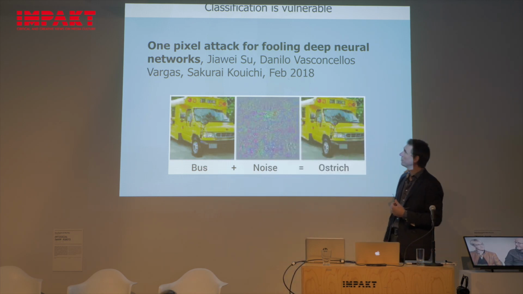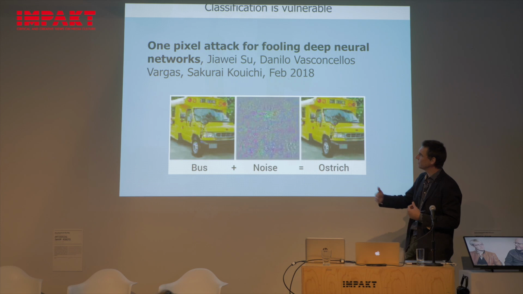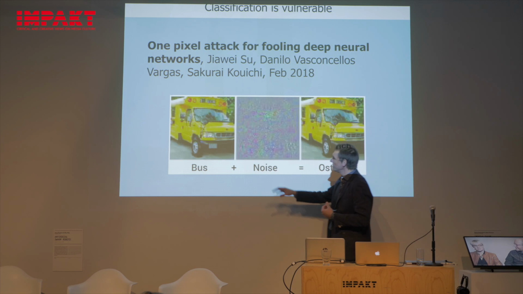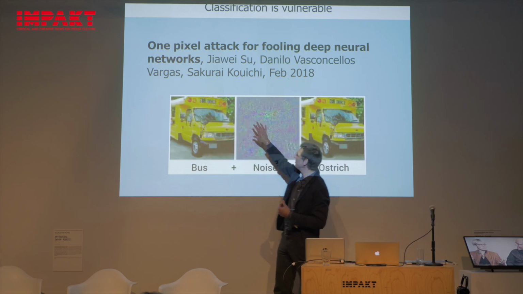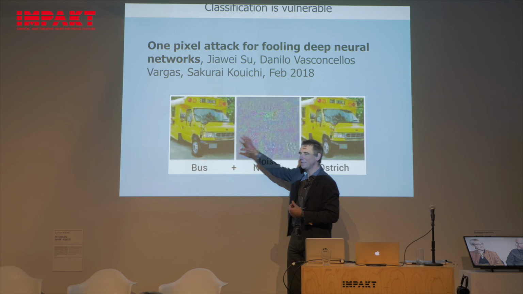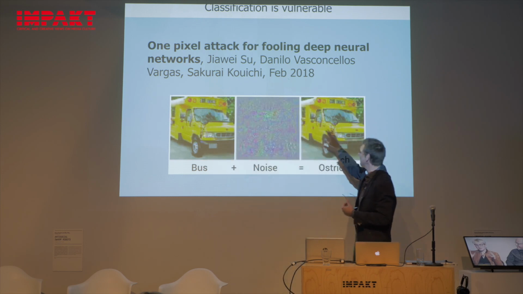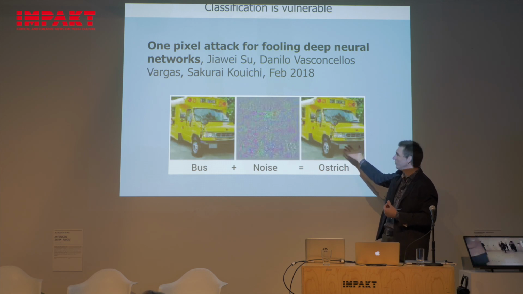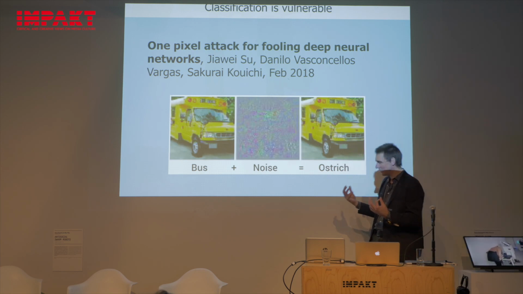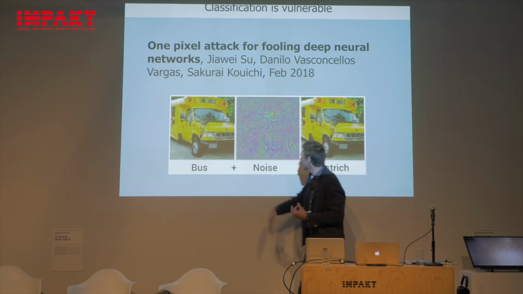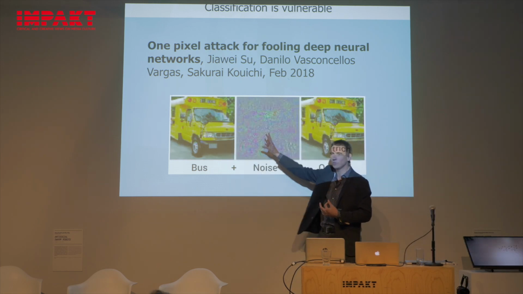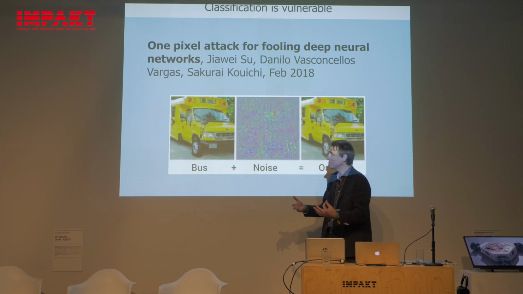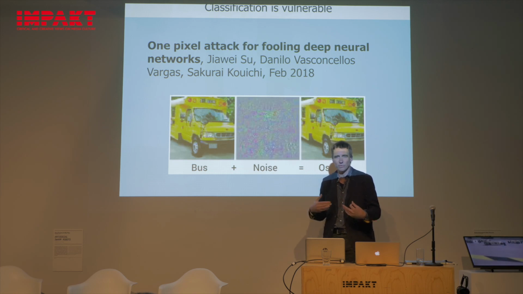But in a recent paper by some Japanese researchers, with a lot of follow-up research already being done, it was shown that if you superimpose this picture with a lot of noise and feed it to the same network, then suddenly the network sees an ostrich. For a human that would never happen. This is still a bus. If you add some noise and suddenly the network classifies it as an ostrich, then something has gone wrong. That kind of mistake we never make.